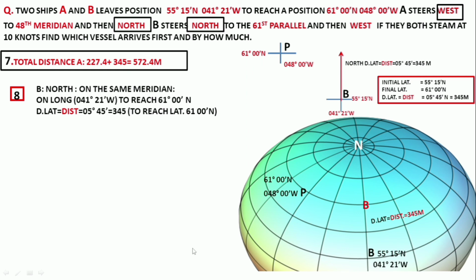Then she goes west. She goes from here to here, west. So west means along a parallel of latitude. So whatever distance she is going to do will be your departure. And she sailed along the meridian. So that means whatever was the D long between these two meridians here is also the D long between the two meridians here, because the meridians are the same.